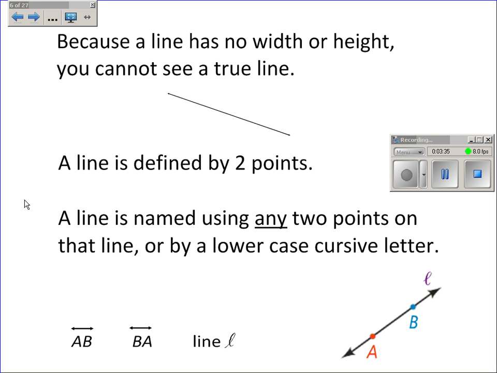So this line down here, we can name it AB. Again, A and B are both capital letters because they're points. Or BA. And above those letters, we have a line with 2 arrows, meaning it goes on forever in both directions. Or if it happens to be given a name like lowercase l, we'll call it line l.